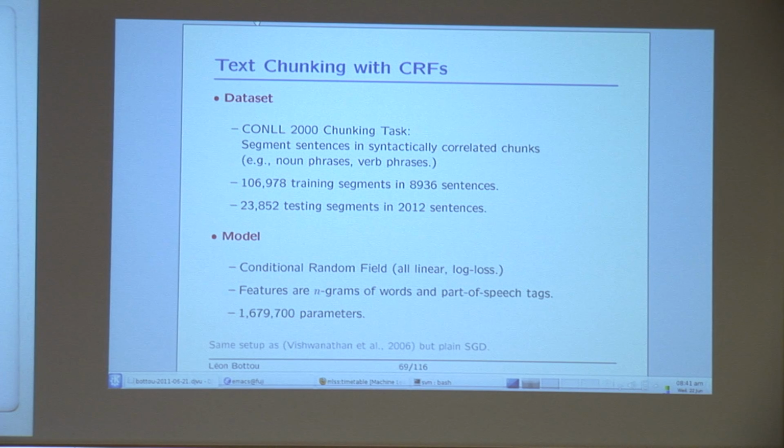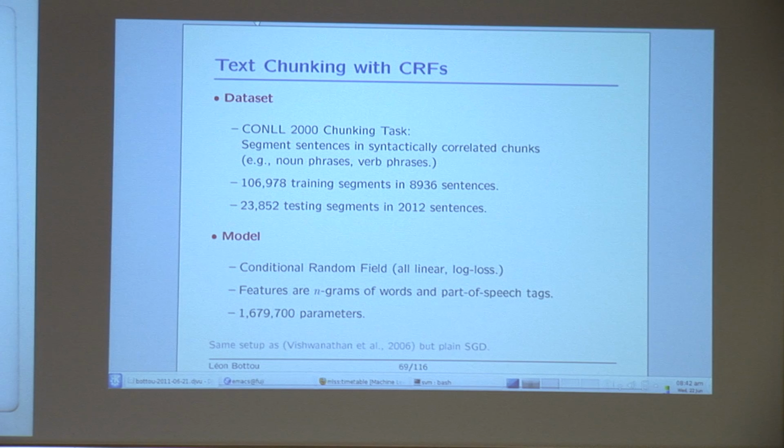Like if you take the CoNLL 2000 chunking task, the task is you have a sentence, and you want to find chunks, segments in the sentence that correspond to syntactically correlated words. Like the bottom segmentation in noun phrases, verb phrases, and everything, basically. You can see this as the lowest layer of a parser.